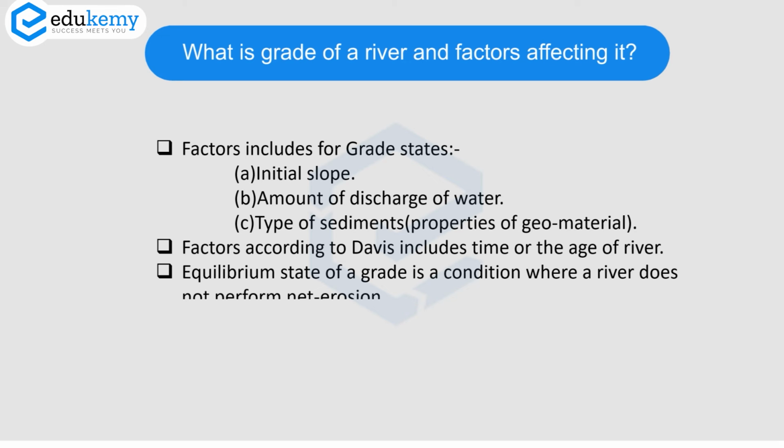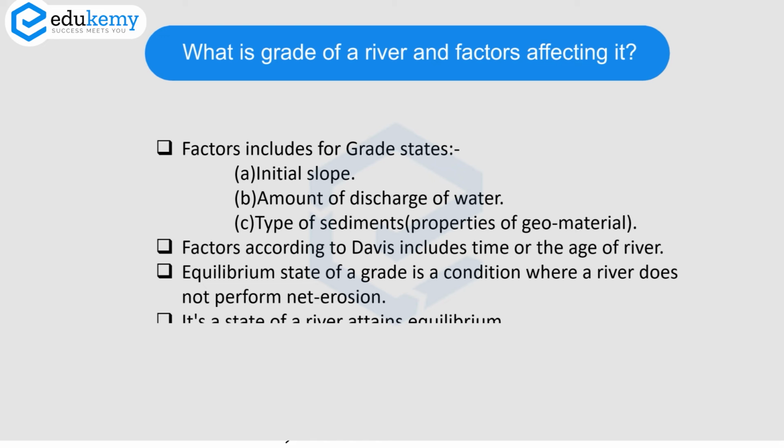a river does not perform net erosion. It's a state, I said, where the river has attained the state of equilibrium. Now this condition is the equilibrium state of grade, where the river does not perform net erosion.